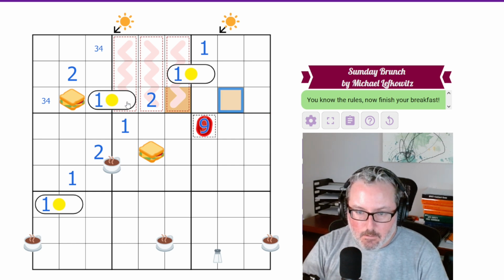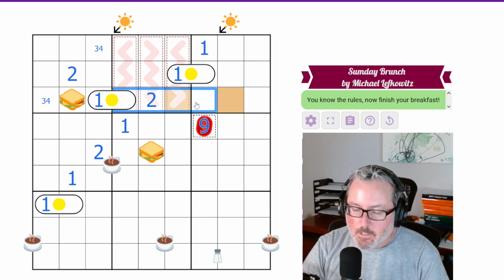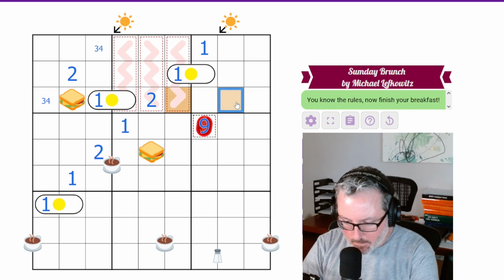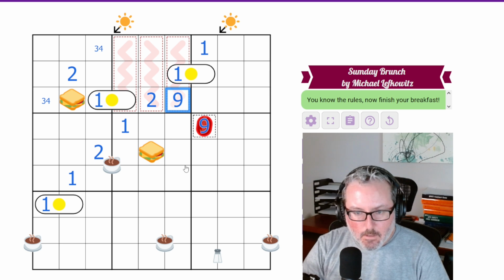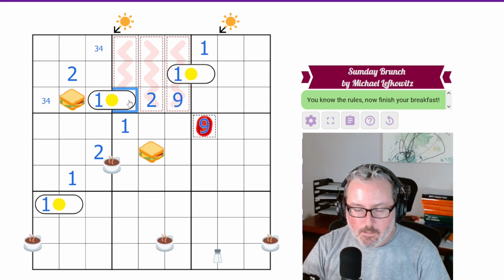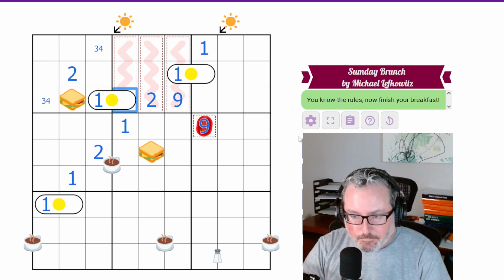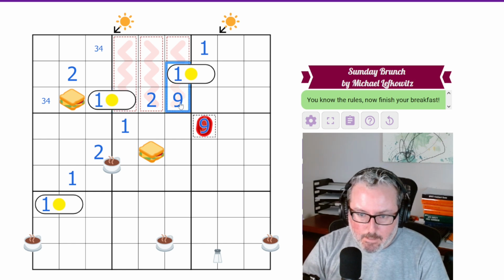Now, could it be here? 1, 2, 3, 4 digits. You can never have 4 digits be a single cell. So this cannot be, which gives us 9. And now we know that whatever this is, it's 2 plus something. We also know that we have at least a 10 right here. I don't know that that's super useful at the moment.